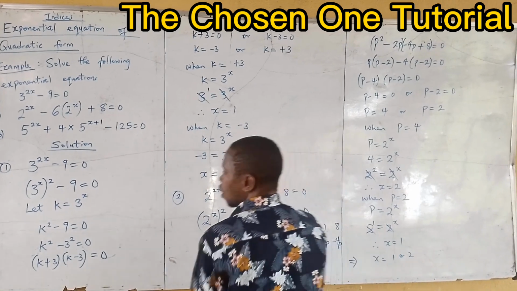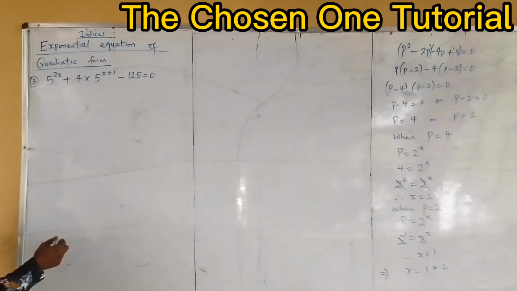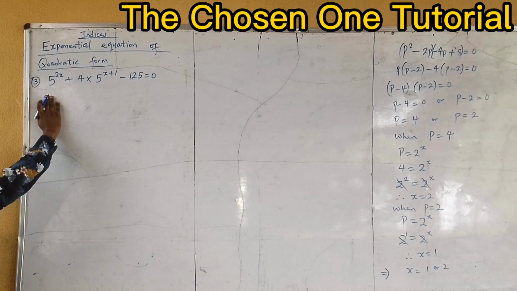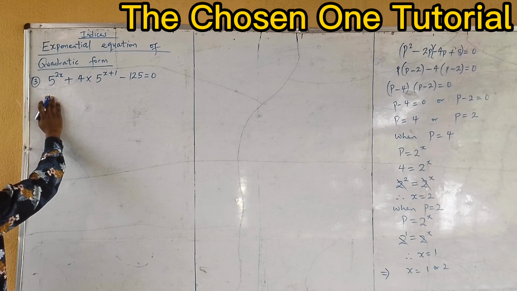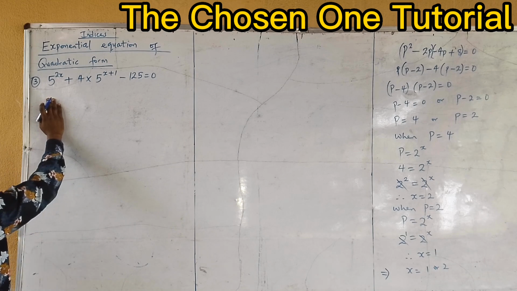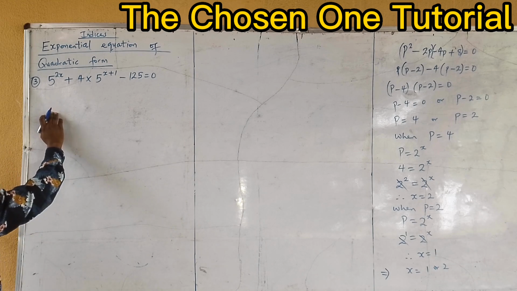So let's solve question 3. We have 5^(2s) + 4 times 5^(s+1) - 125 = 0. So we are going to rewrite this.